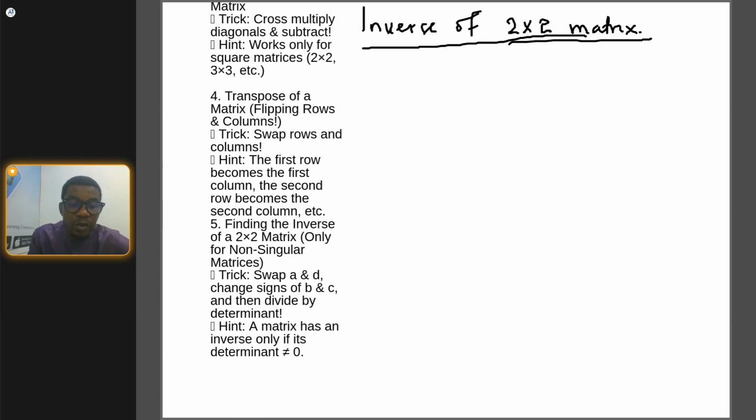Okay, so this is the note. This is what we want to focus on: finding the inverse of a 2 by 2 matrix.